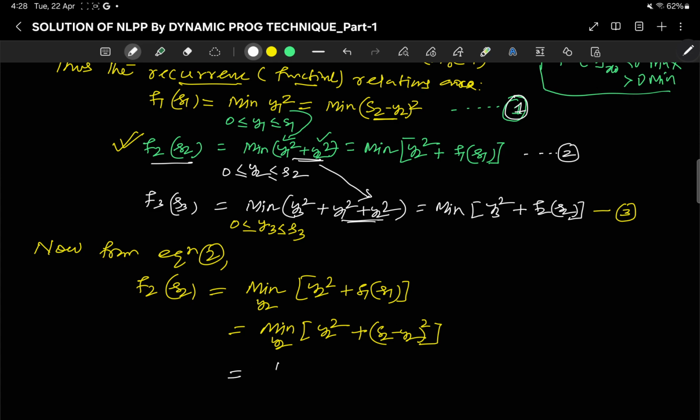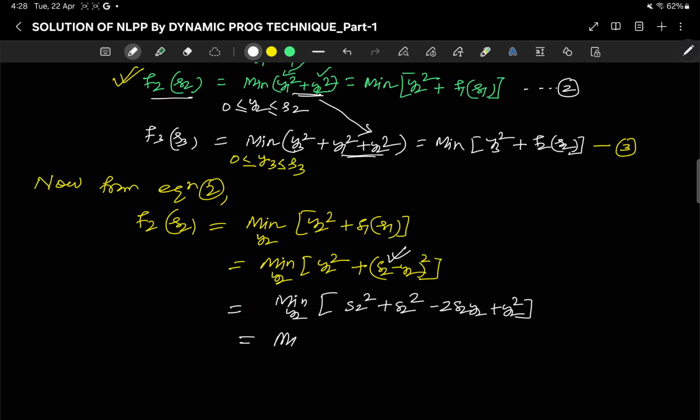Now I just open this, the minimization over y2, of (a minus b) whole square. This is y2 square plus s2 square minus 2 s2 y2 plus y2 square. So this is equal to the minimization of 2 y2 square plus s2 square minus 2 s2 y2. Let me say this function is my u.